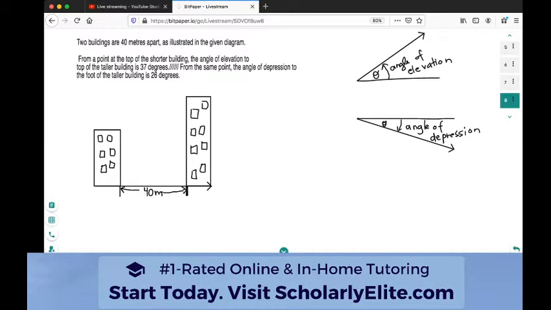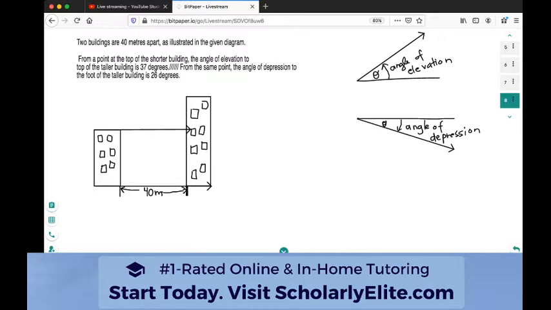Okay, so let me put my line in here. Actually, before we do that, let's walk through this. It says from a point at the top of the shorter building, so we're going to start right at this point here, the angle of elevation.